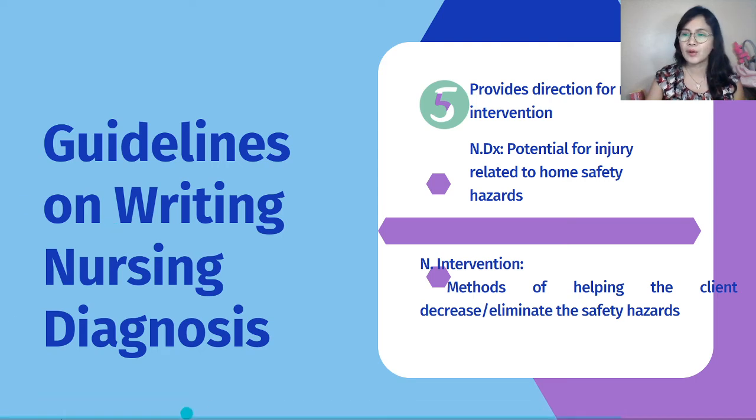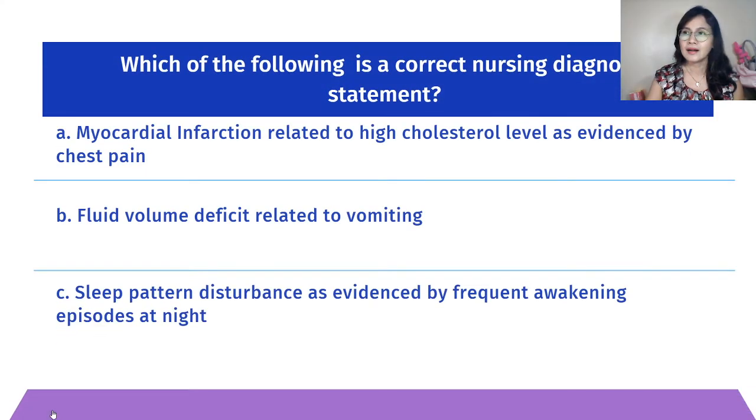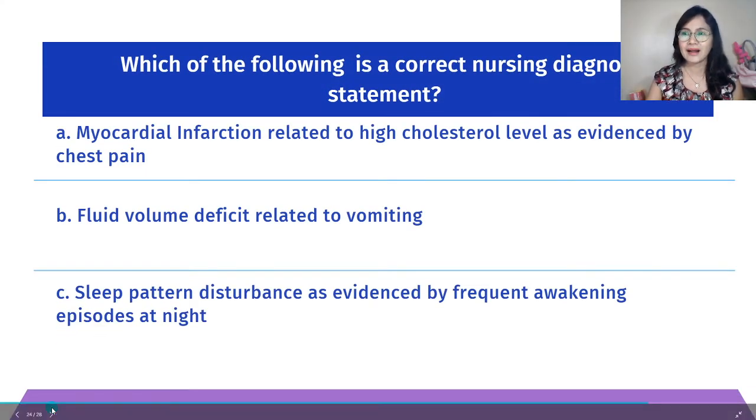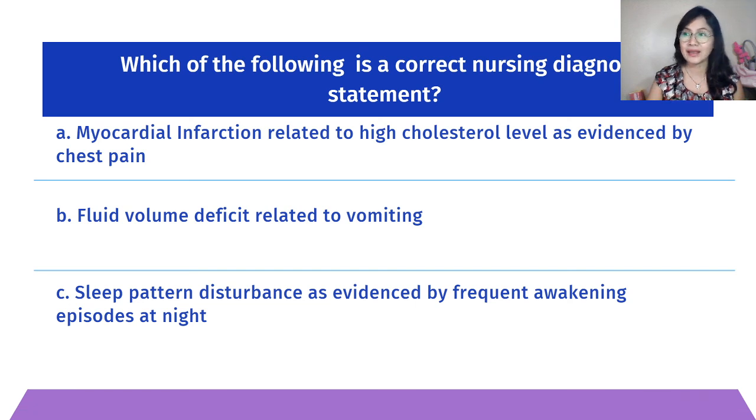Okay, let's now find out how well you have learned. Which of the following is a correct nursing diagnosis statement? A. Myocardial infarction related to high cholesterol level as evidenced by chest pain.